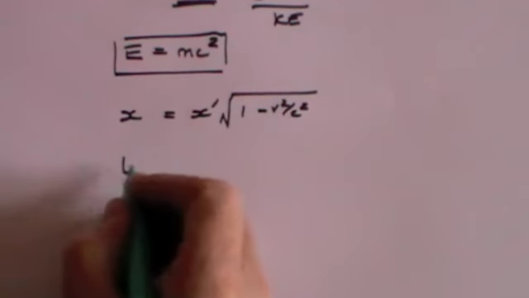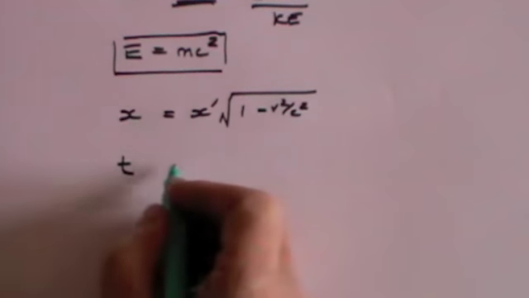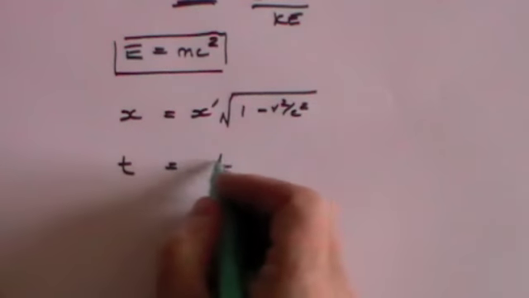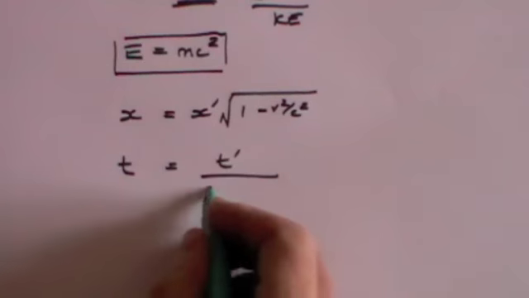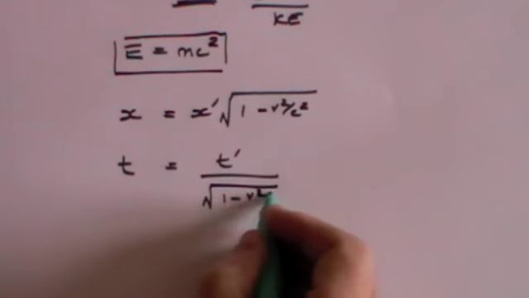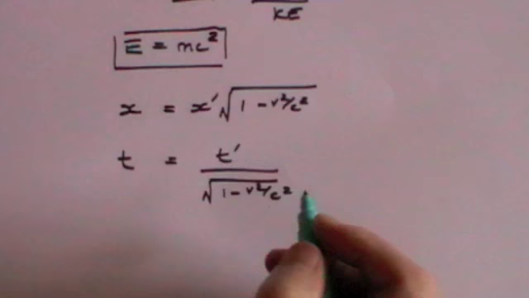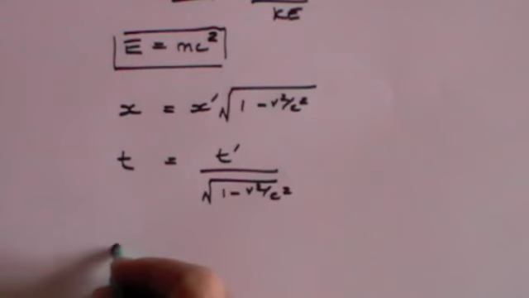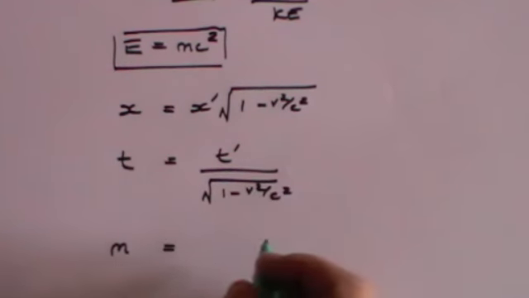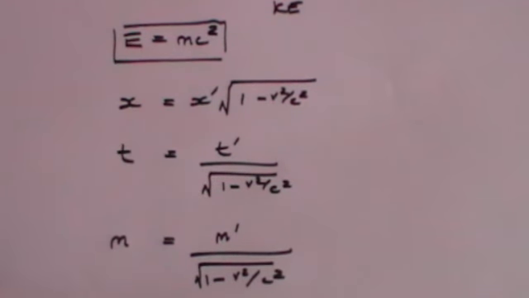As far as time is concerned, the remote time is equal to the local time divided by the correction factor, 1 minus v squared over c squared. And as far as mass is concerned, the mass that we measure is equal to the local mass, m prime, divided by 1 minus v squared over c squared. And those are the three formulae associated with special relativity.